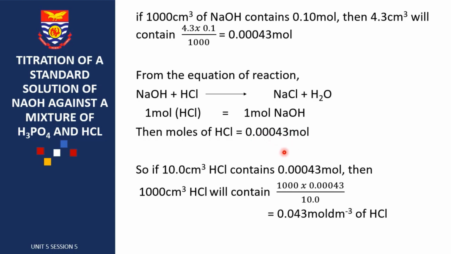So to know the moles in 1000, we can say that if 10 contains 0.00043, then 1000 will contain what? To contain 1000 times 0.00043 divided by 10, and that gives us 0.043 mole per dm cubed of the hydrochloric acid.